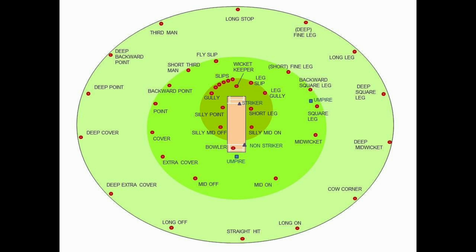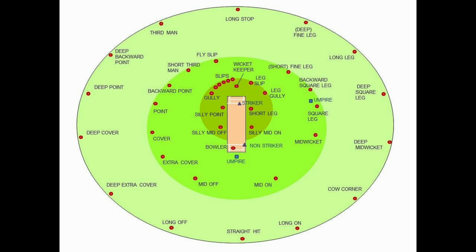But all I really knew was what deep meant, what backward meant, and then I knew where square leg was. So once you get the basic field positions, a lot of the other field positions build out from those, I guess. So you have square leg, backward square leg, deep backward square leg. Okay, I get that. Or deep square leg, deep point on the other side of the field.